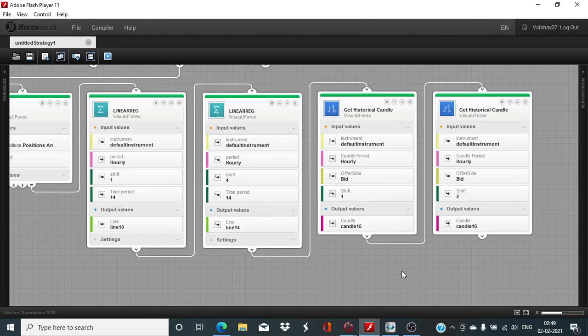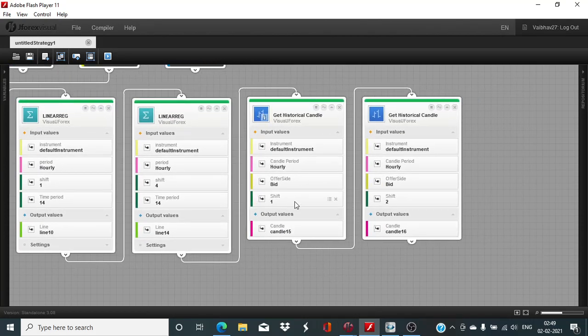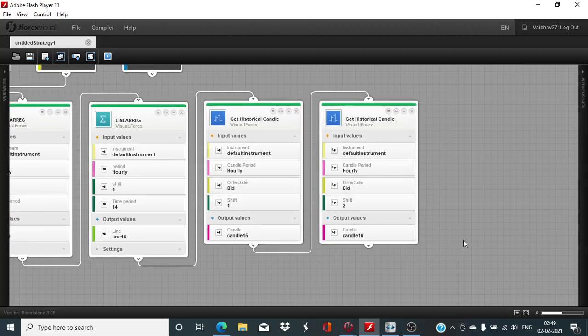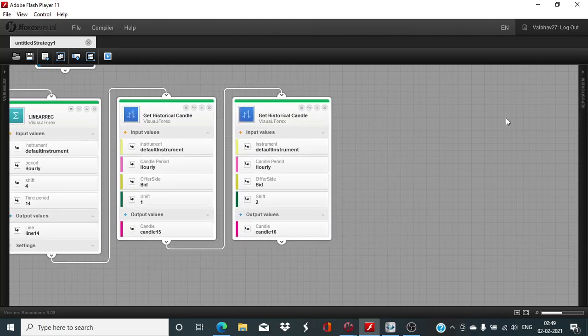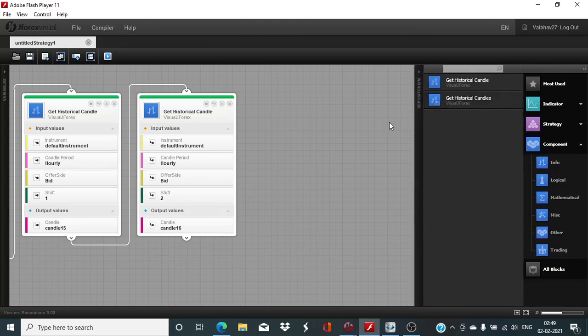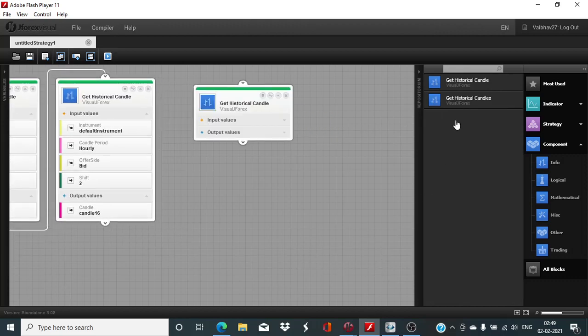Shift 4 for linear regression, and for historical candle shift 1 and shift 2. We will also need to take two 10-second historical candles which we need to pinpoint the exact entry and exit location.